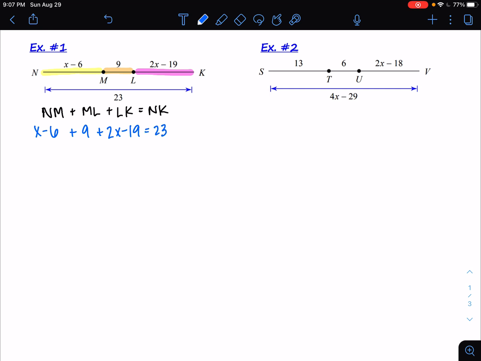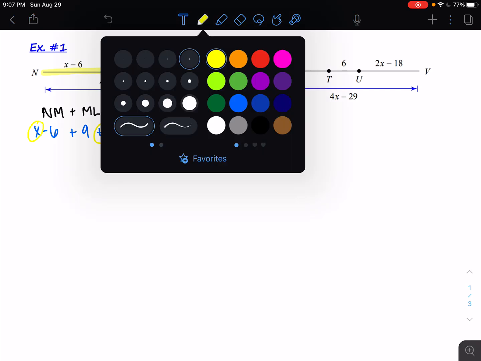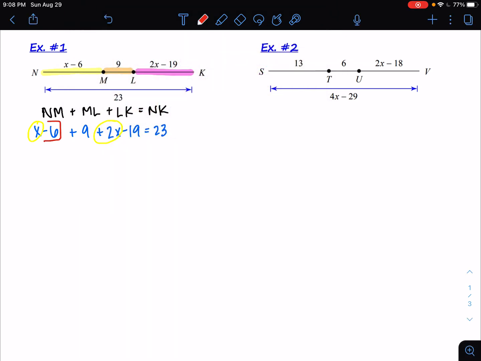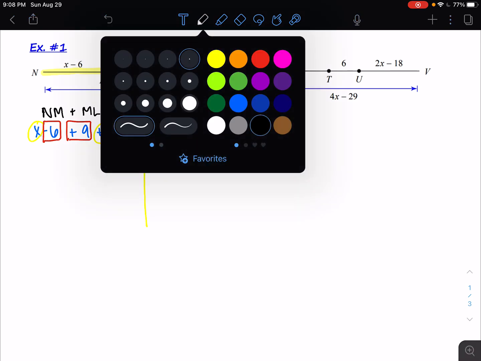I'm going to find my like terms, so I'm going to circle my variable terms, which is x and positive 2x, and I'm going to circle my constants, negative 6, positive 9, negative 19. I always tell you to draw that line down the equal sign to keep yourself straight. And here we go.